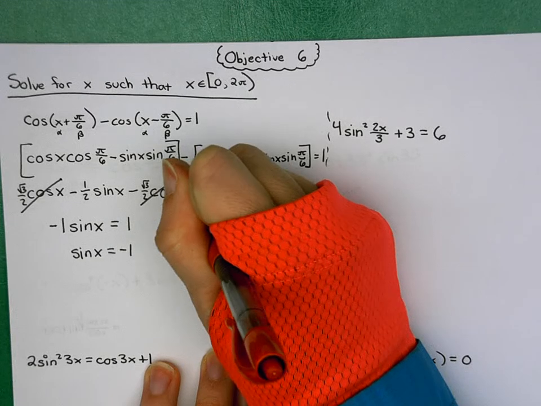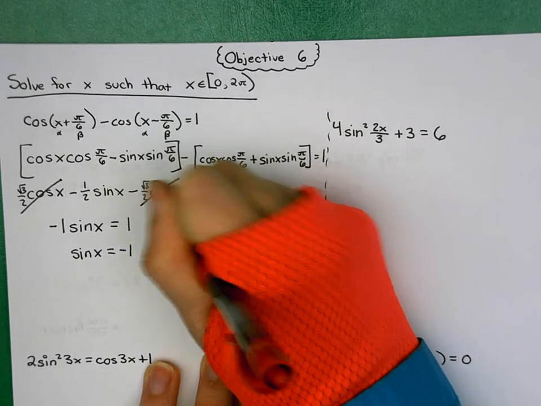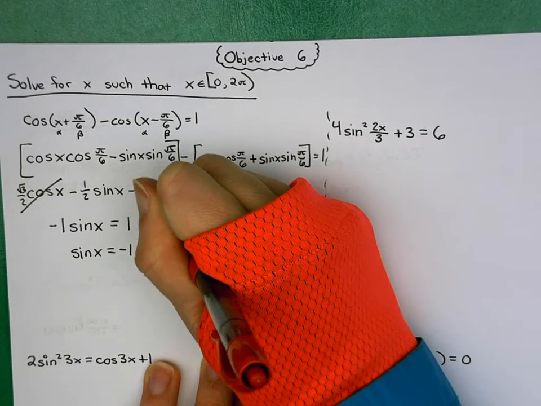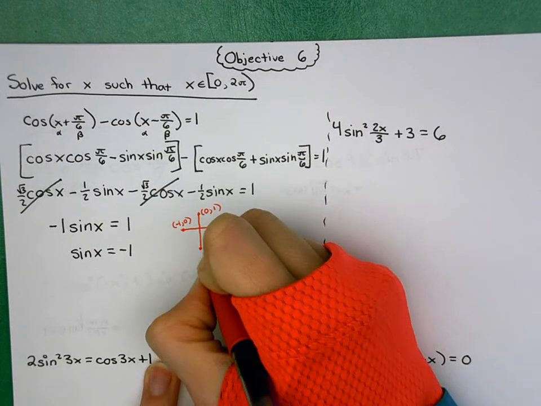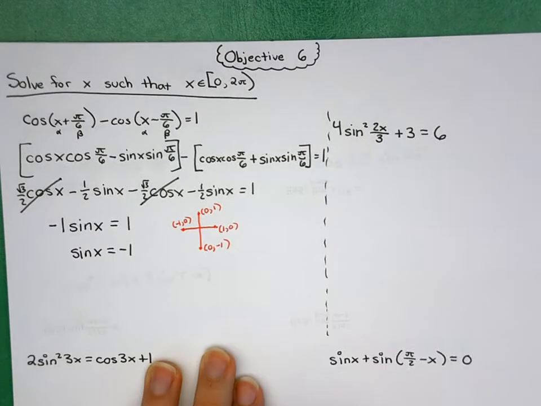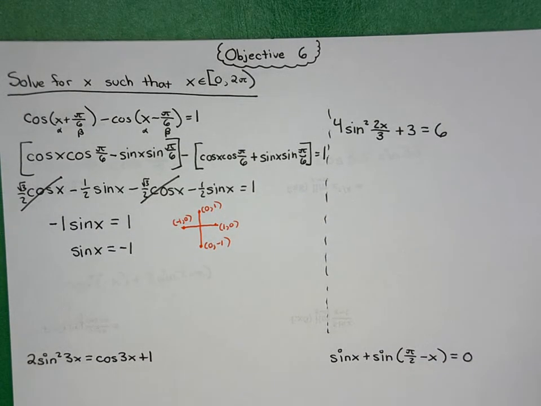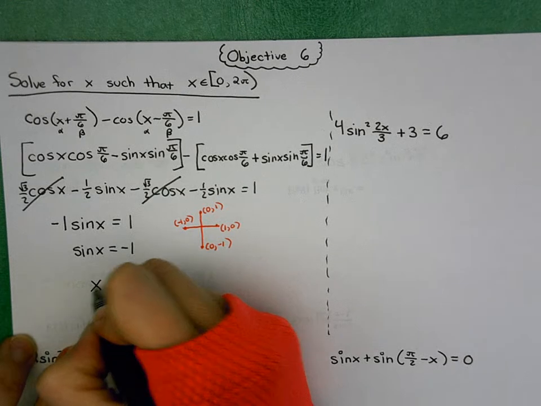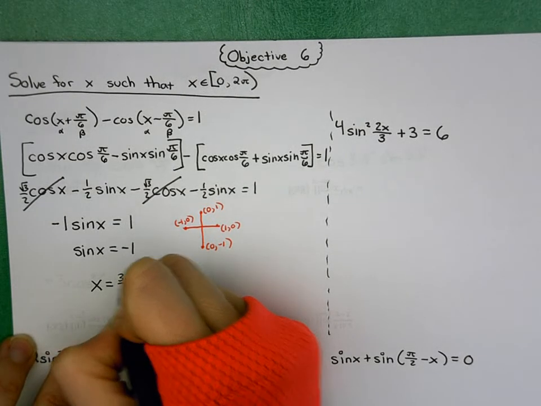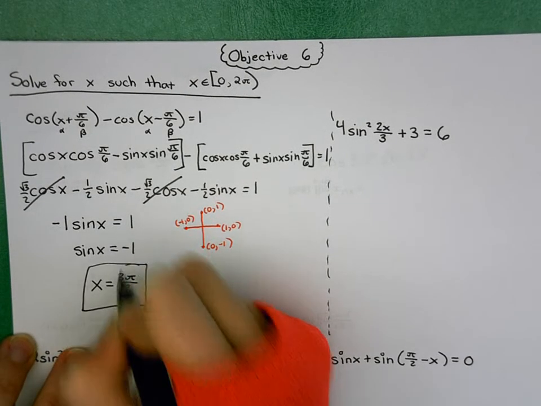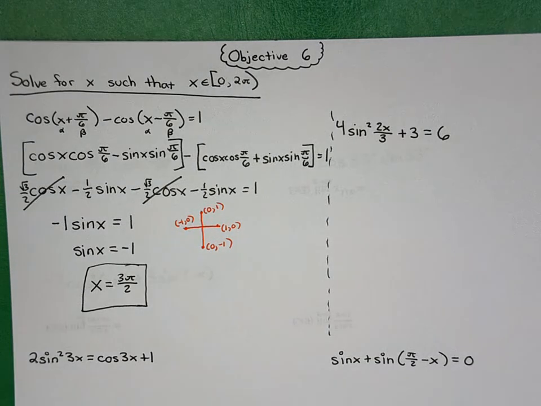And so the question is, well, which of those quadrantals is sine negative 1? And sine is negative 1 at 3 pi over 2. And so x equals 3 pi over 2. Okay.